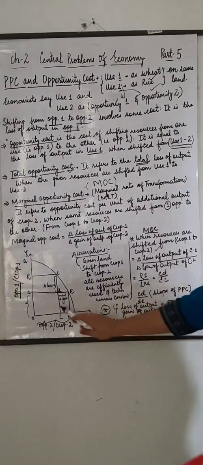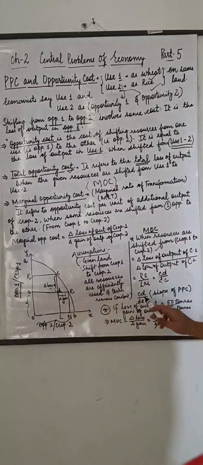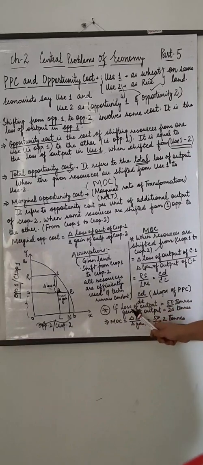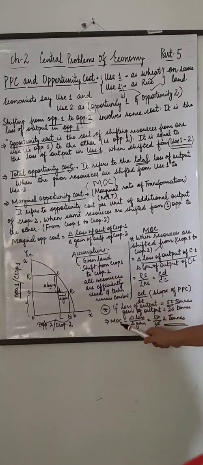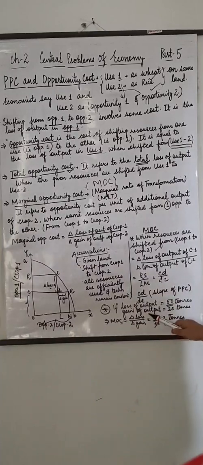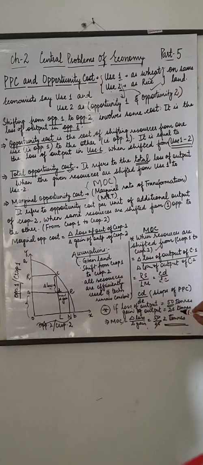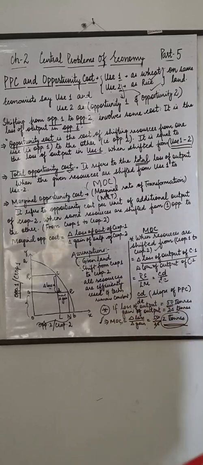That means CD upon DE, delta loss upon delta gain. Suppose loss of output is 50 and gain of output is 25, then MOC is delta loss upon delta gain, 50 upon 25, that is 2 tons. This is how we calculate our MOC.